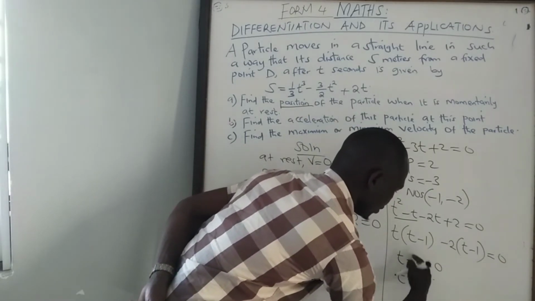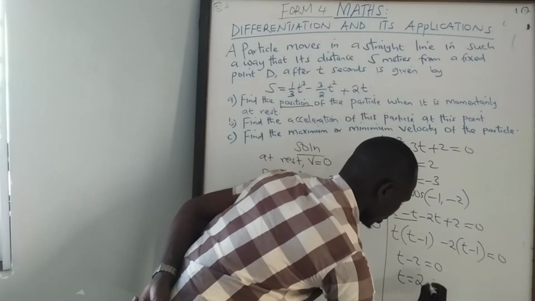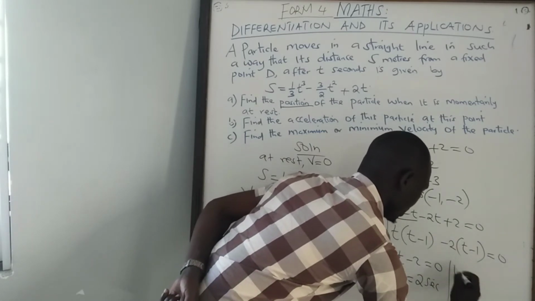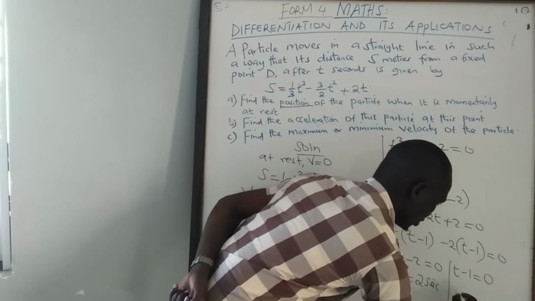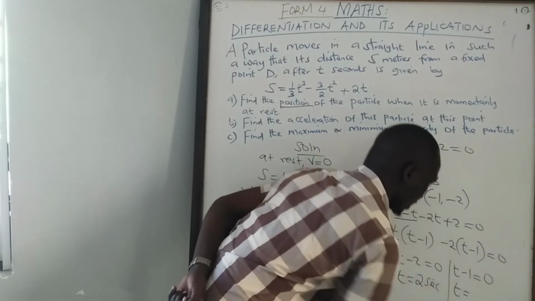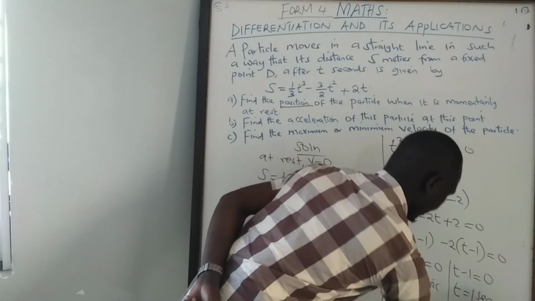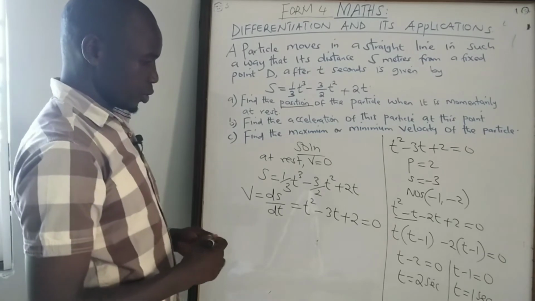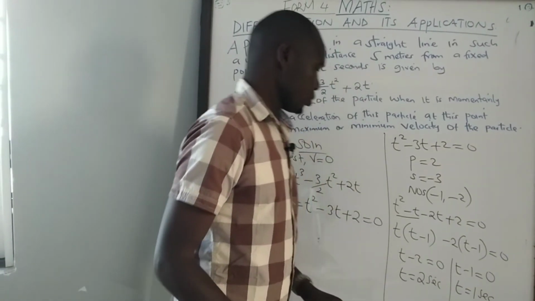t is going to be, if you take negative 2 to the other side, t is going to be 2 seconds. And then t minus 1, if we pick 1 from the brackets, it's going to be equal to 0. So our t, if we take negative 1 to the other side, we are going to get 1 second here. That means the particle is at rest at 1 second and 2 seconds.